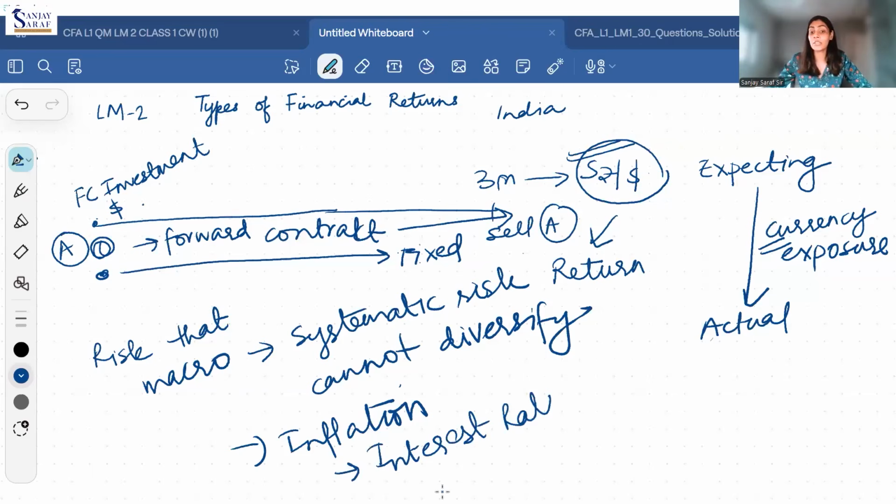Then there is interest rate risk. The change in interest rates is not in your hand. When the interest rate changes, the price of your security changes.